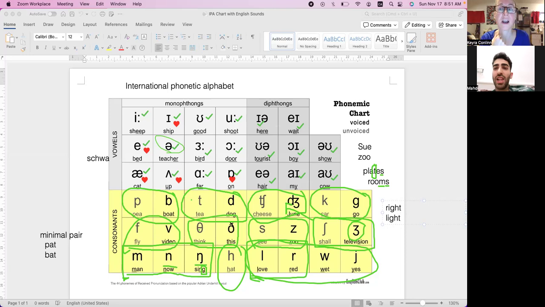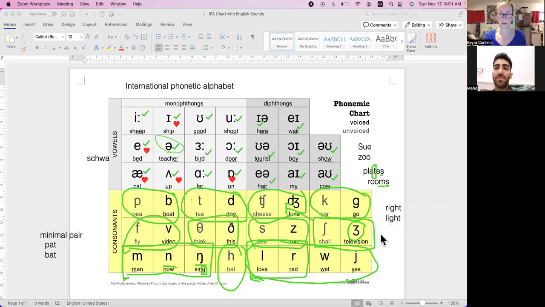It's more circular with light, and a rectangle with right. So there is touching with light, and it's a circle. Right: there's no touching and it's a rectangle.